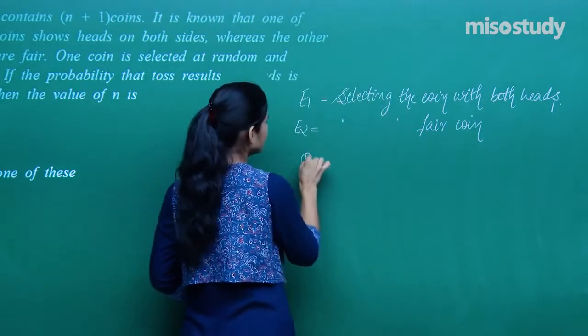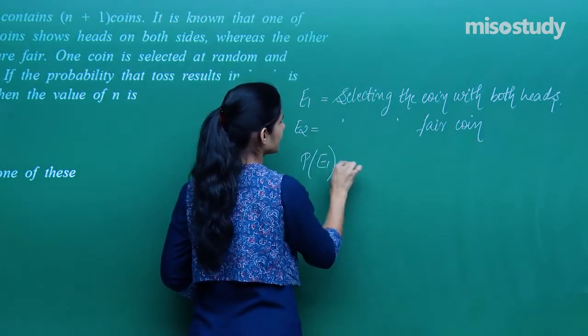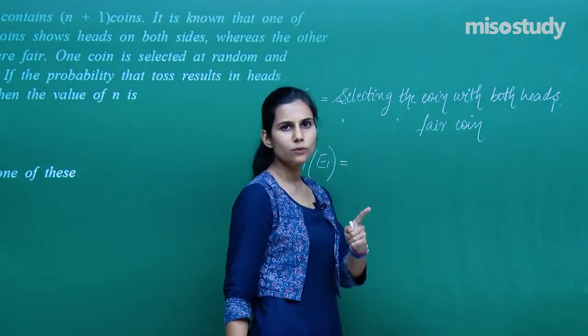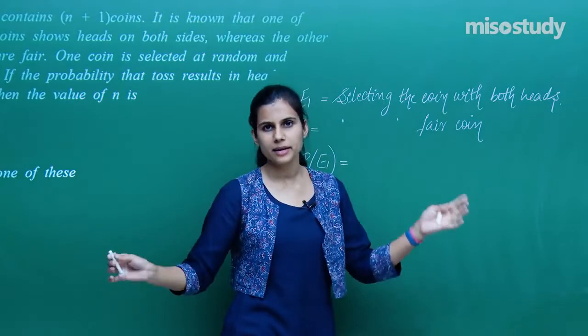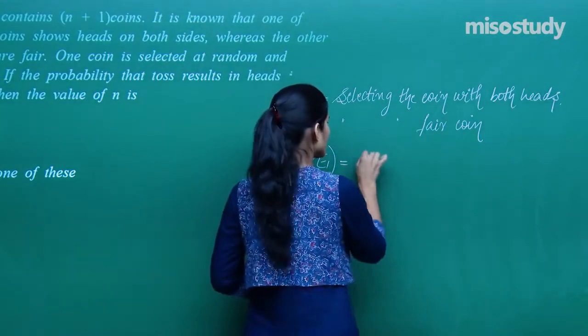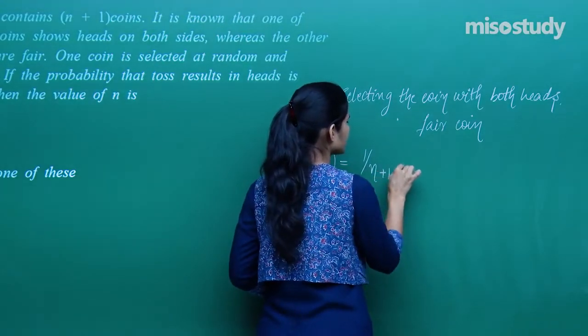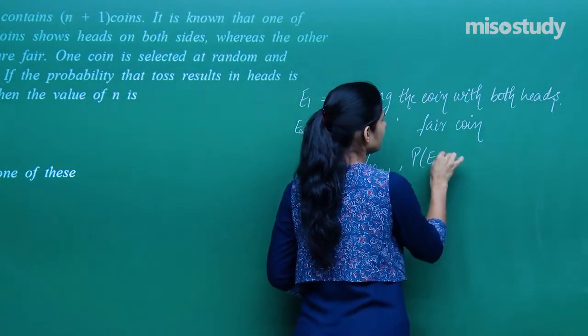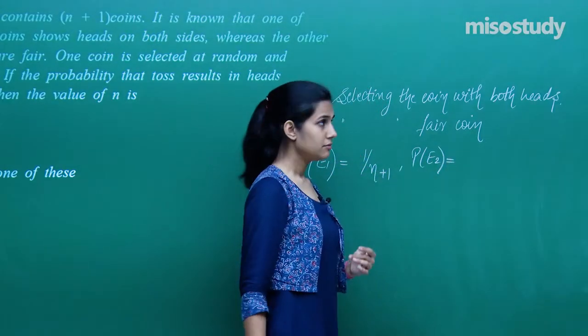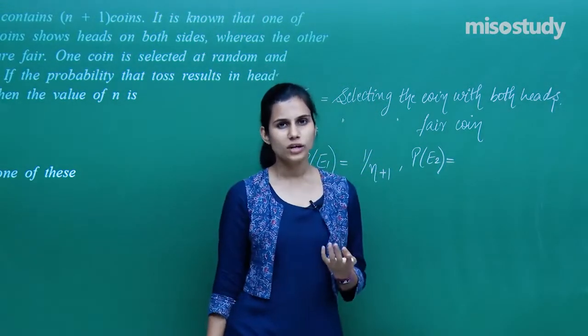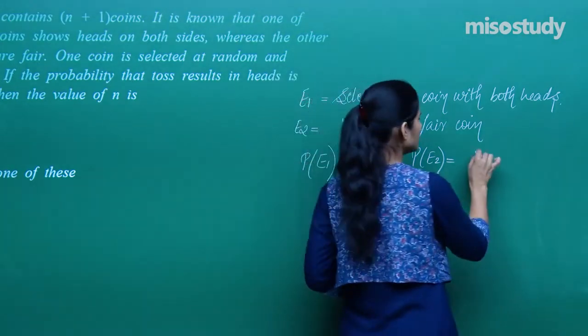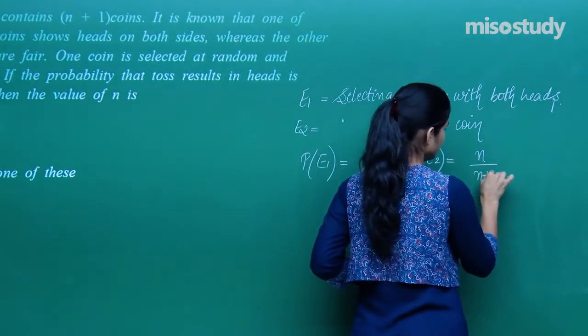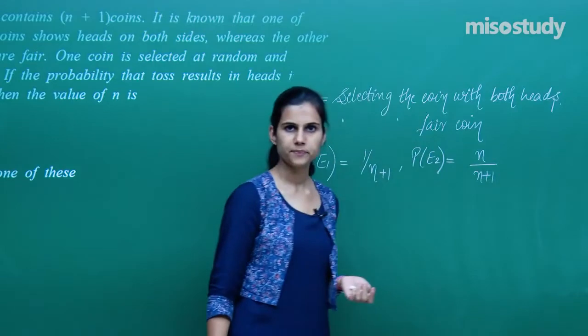What is the probability of event E1 taking place? There is only one coin which has both sides heads written, and there are n plus 1 in total coins. So probability of E1 will be 1 by n plus 1. Similarly, probability of E2 will be what? Out of the n plus 1 coins, n coins are fair coins and total number of coins is n plus 1. So, n by n plus 1.